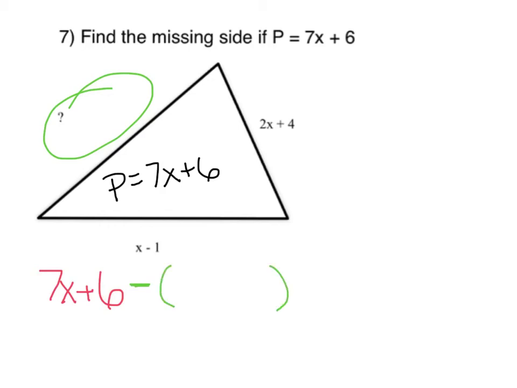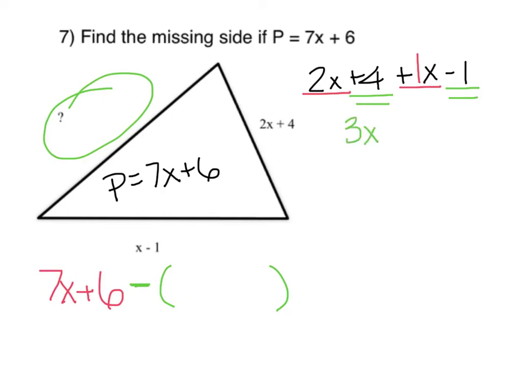So let's add the two sides we have: 2x plus 4 plus x minus 1. Combine like terms, 2x plus 1x, and then the 4 combines with the negative 1. So 2x plus 1x is 3x, and 4 plus a negative 1 is positive 3.